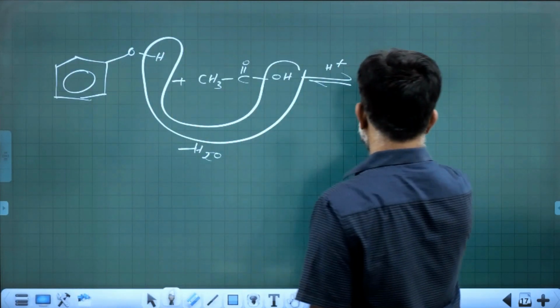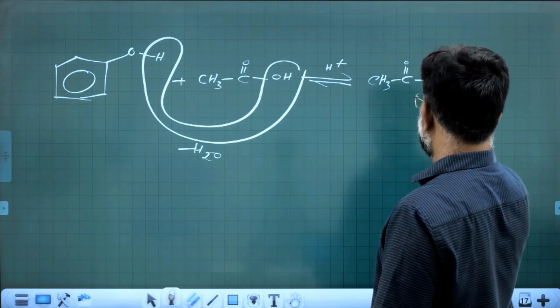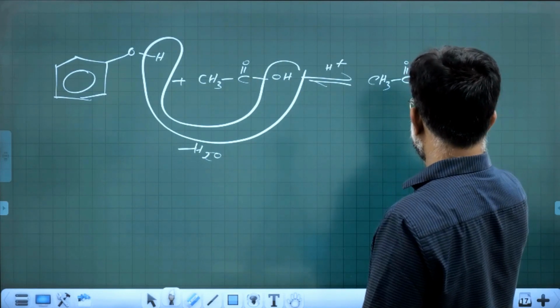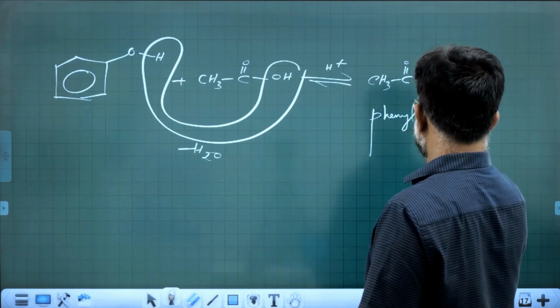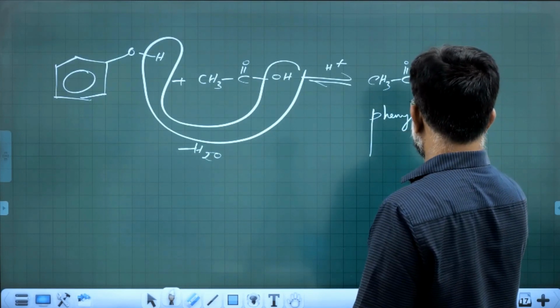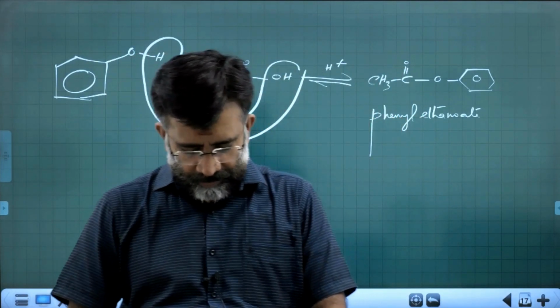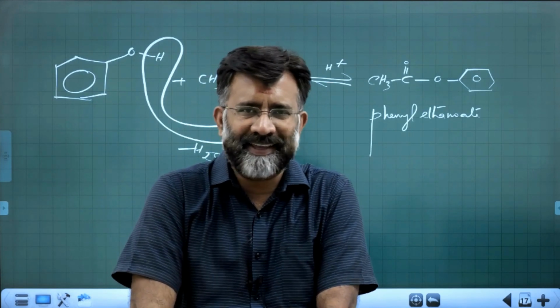You get CH3COO attached to benzene, and that will be phenyl ethanoate. That is the esterification process.